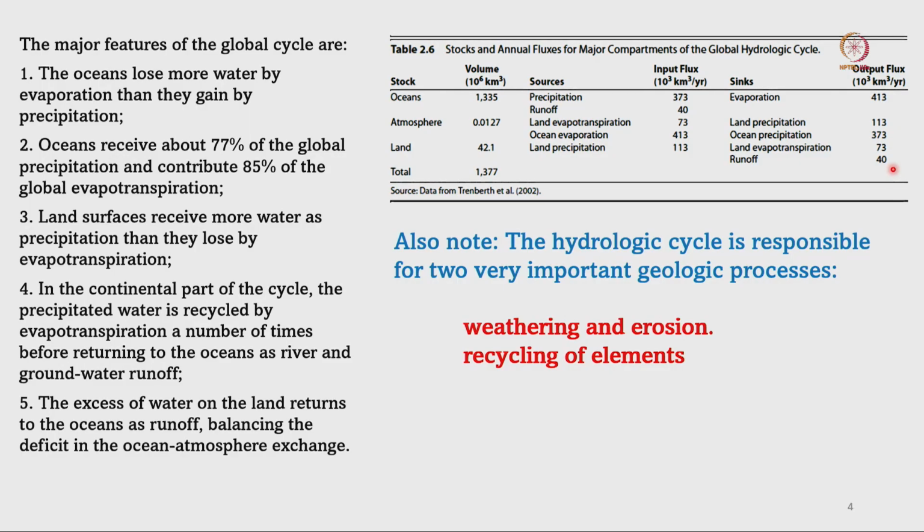In the continental part of the cycle, the precipitated water is recycled by evapotranspiration a number of times before it returns to the oceans as rivers and groundwater runoff.